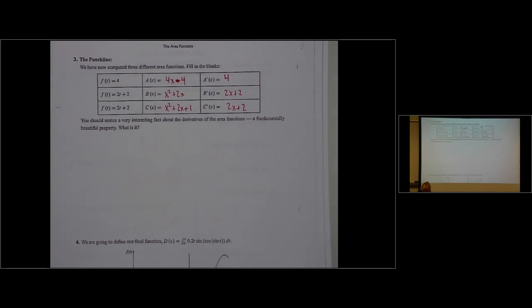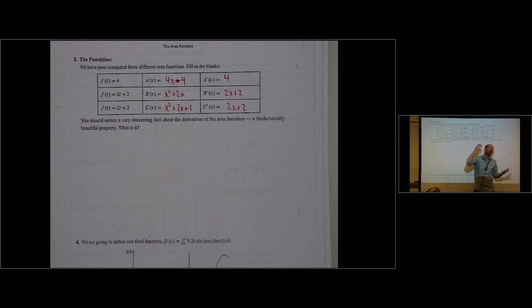It's the slope of the tangent line, right? It's the rate of change, all of this stuff. What does the derivative have to do with the area function? Like how it's changing, possibly? Yeah, it's definitely related because we're saying that the area function is the antiderivative of the original function.